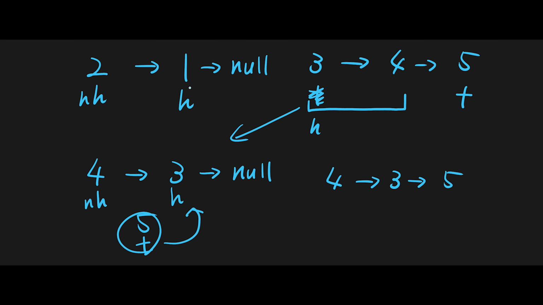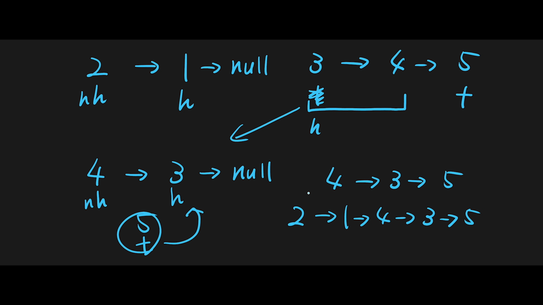That means node 1.next. So we return 4, 3, 5, and then connect this linked list to this head.next. So in the end, the linked list should be 2, 1, and 4, 3, 5.